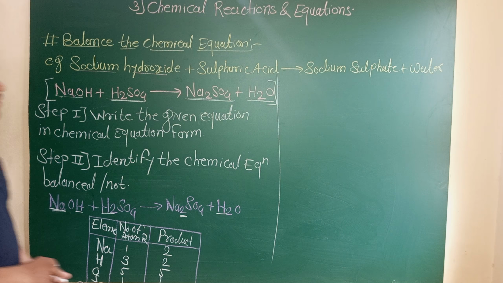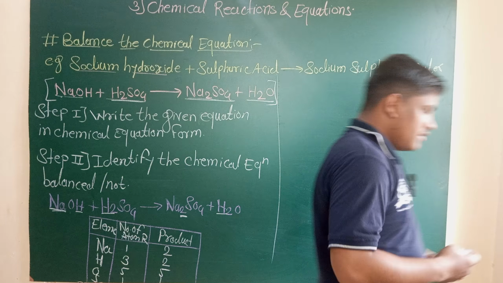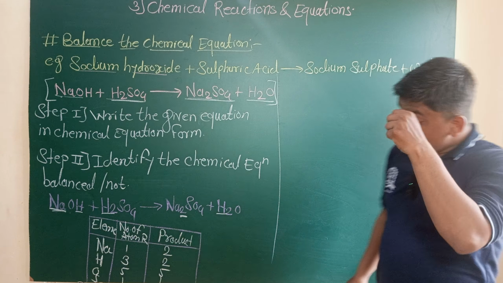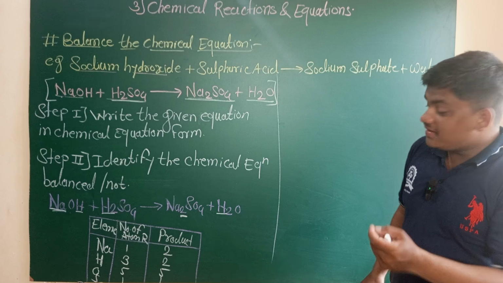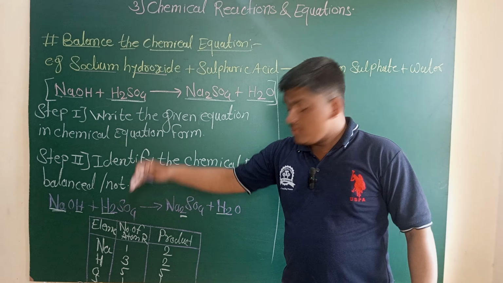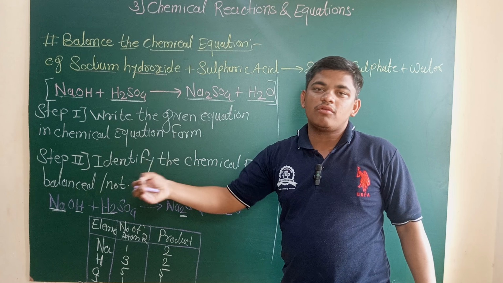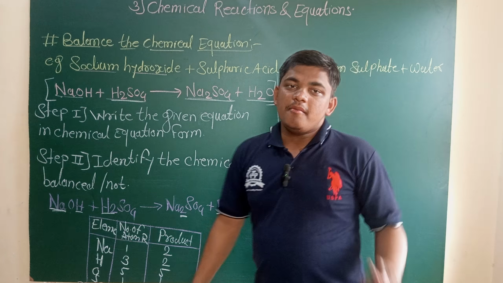That means, first of all, let's find whether the given equation is balanced or not. When the given equation is balanced, all elements, sodium, hydrogen, oxygen, and sulfur, have the same number of atoms in the reactants and products.